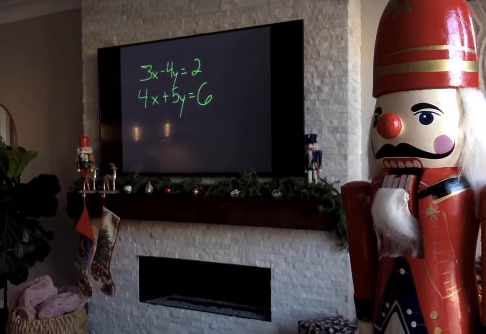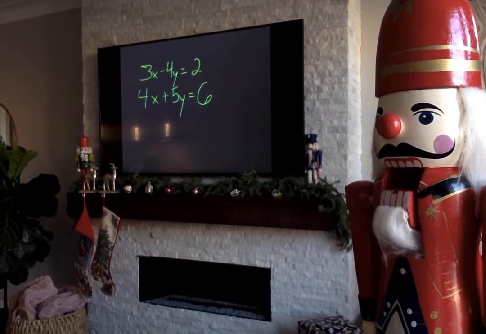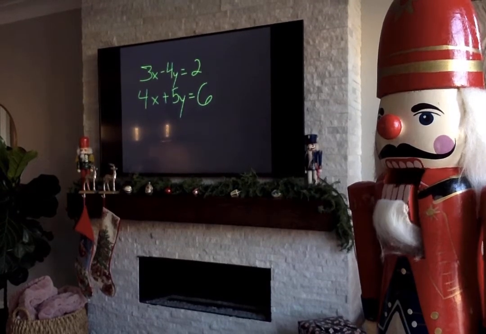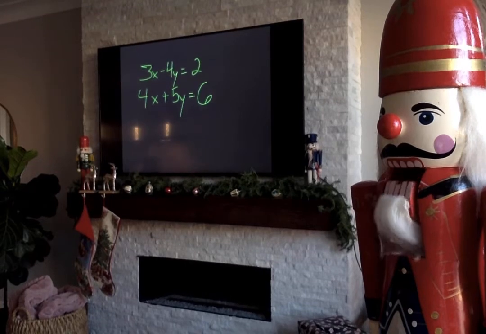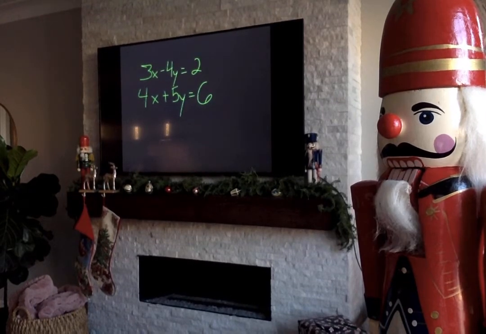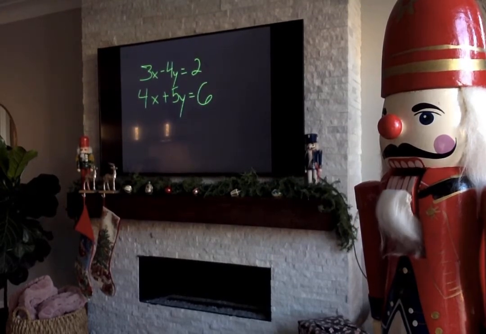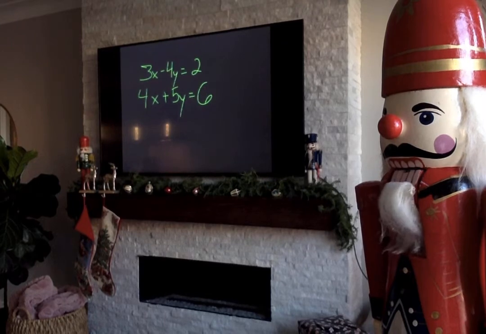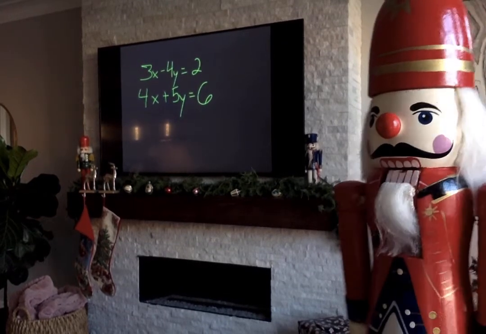So I'll be able to cancel them out since they're opposite signs, but the numbers won't cancel out right now. So that means I'd have to multiply the top by a number and the bottom by another number so that I can get that number with the y's to be the same, just with different signs. Okay?